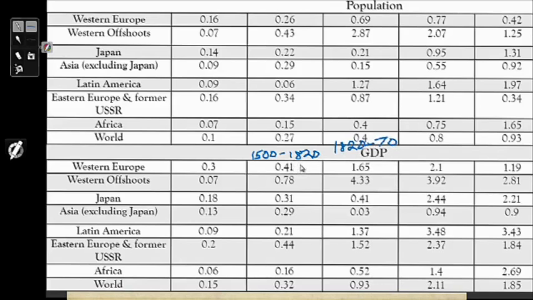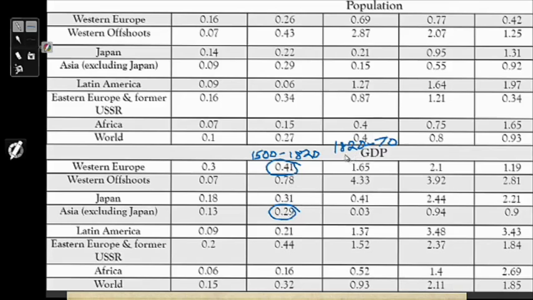So here's Western Europe, on average, total gross domestic product growing about 0.4% per year. Asia, excluding Japan, growing on average about 0.3% per year. A lot of variation within these regions. China, and particularly parts of China, is the wealthiest. So actually parts of China will be better than much of Western Europe and so on.